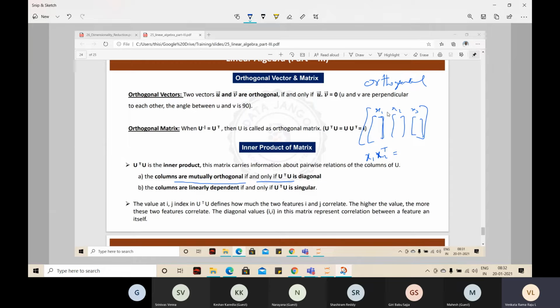If I say this matrix is an orthogonal matrix, x1 into x2 transpose is how much? How much is that value? 0, sir. 0, right? So x1 transpose x, x1 transpose x1.